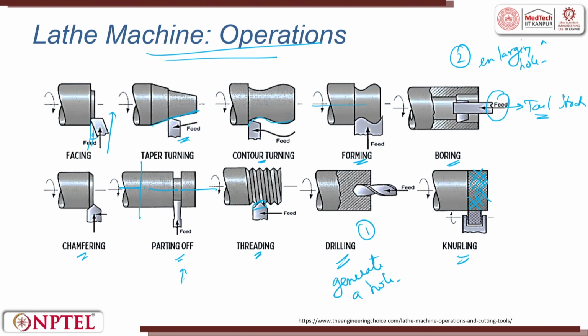They plunge on top of the workpiece and create this profile. Knurling is not a subtracting process. It is like a metal forming process in which you deform the material to generate diamonds on top of it. This is used for better gripping. So these are all the operations which you can do on a lathe machine.